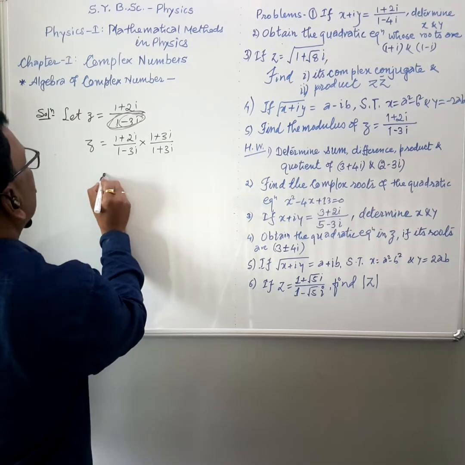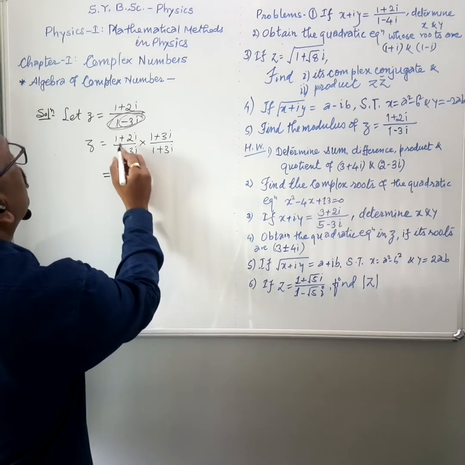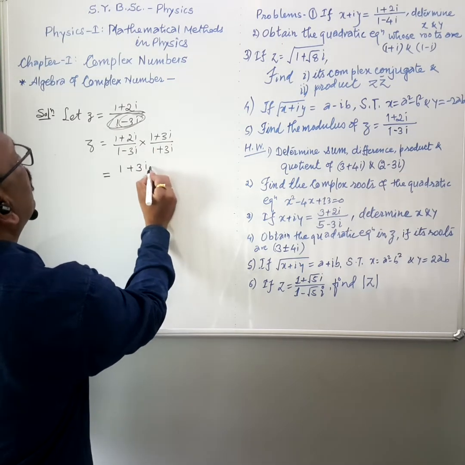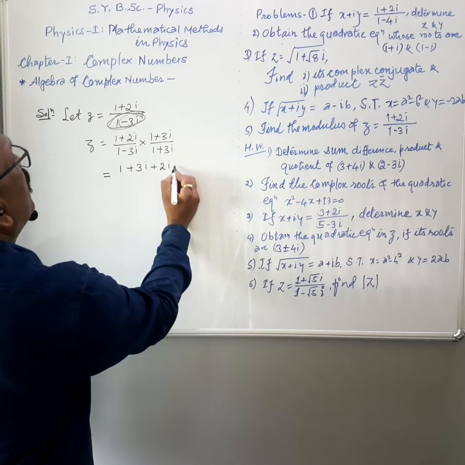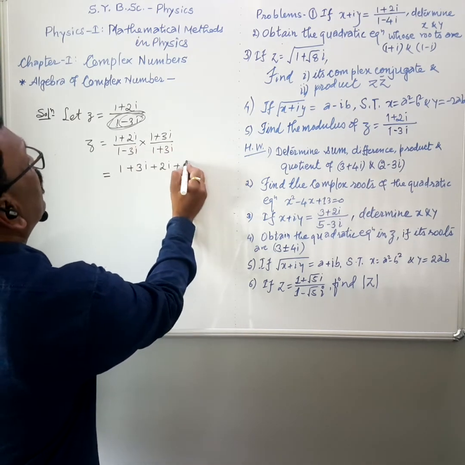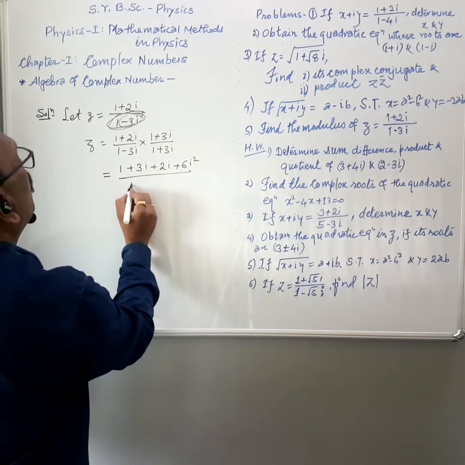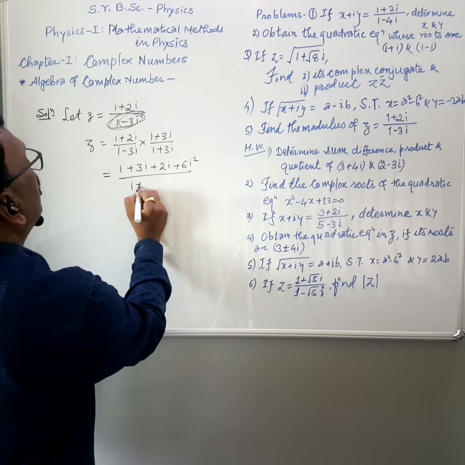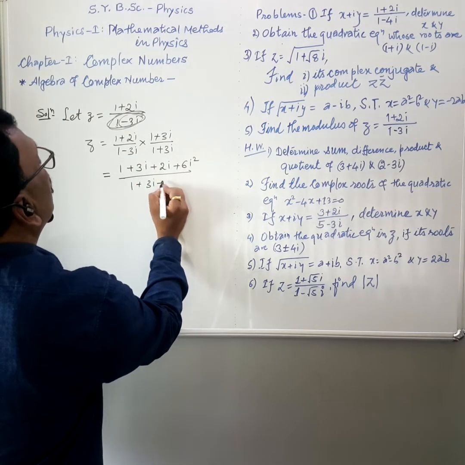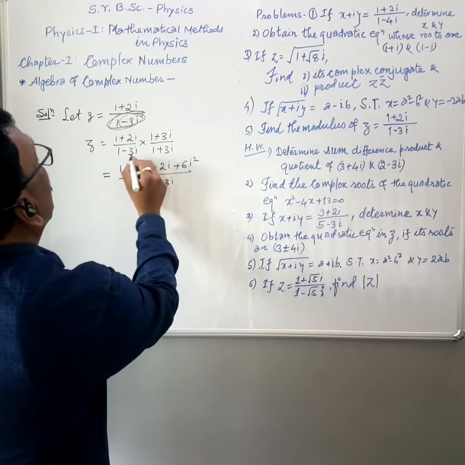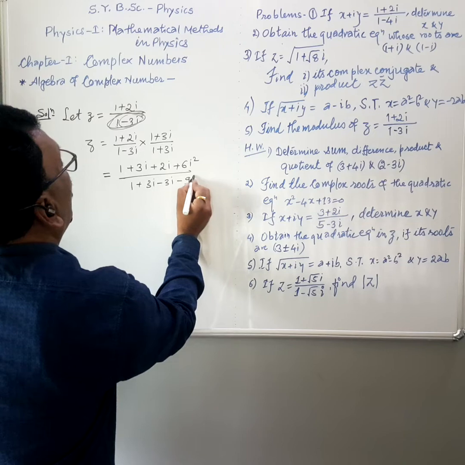Solve this term or equation, we get 1 into 1, 1, plus 1 into 3i, 3i, plus 2i into 1, 2i, plus 2i into 3i, 6i square, upon 1 into 1, 1, 1 into 3i, plus 3i, minus 3i into 1, minus 3i, minus 3i into plus 3i, minus 9i square.